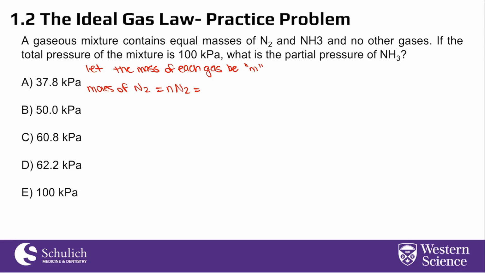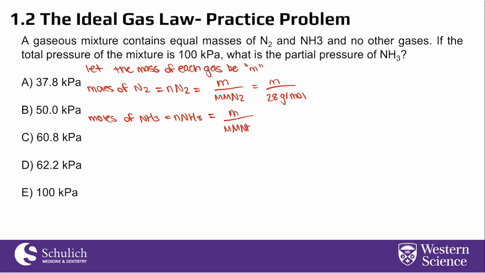And so it's going to be the mass over the molar mass of N2, which is going to be M over 28 grams per mole. And for the moles of NH3, we'll call this n NH3. It's going to be mass over molar mass of NH3, which is going to be M over 17 grams per mole.